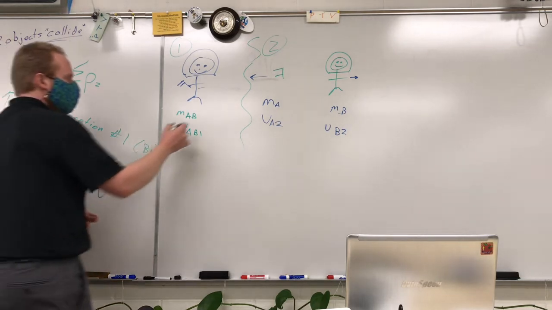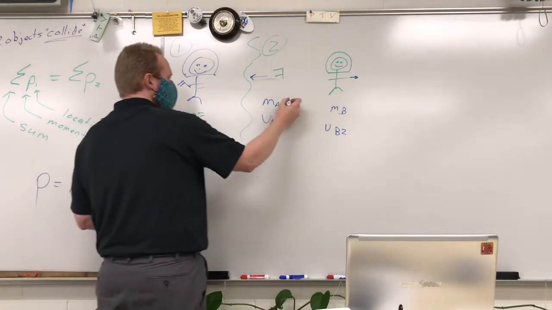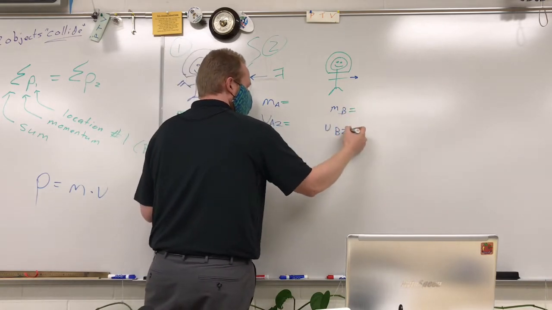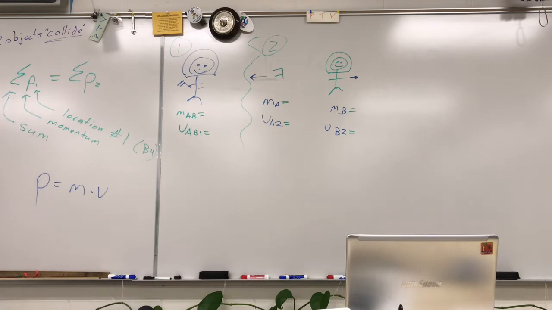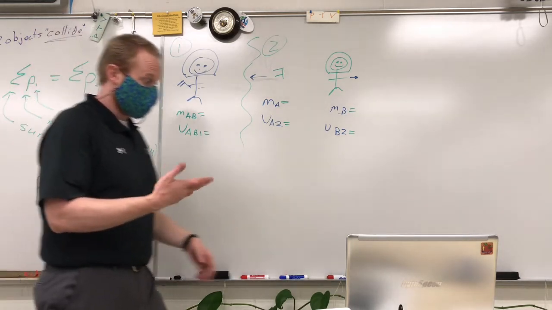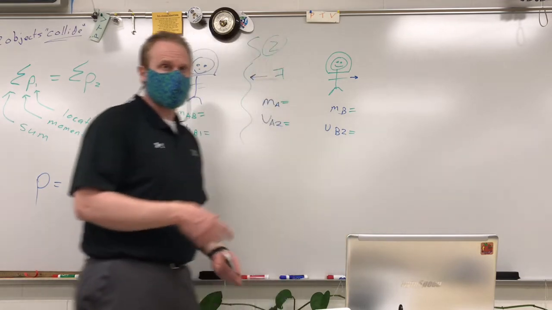Now, we are going to solve single variable algebra. Of these 6 terms that I just listed, by drawing a picture and labeling it like this, in my opinion, it builds this equation nicely for you. In order to solve for one of these, we need to know 5 of the 6, all except for 1.